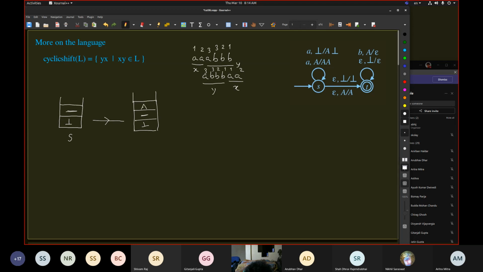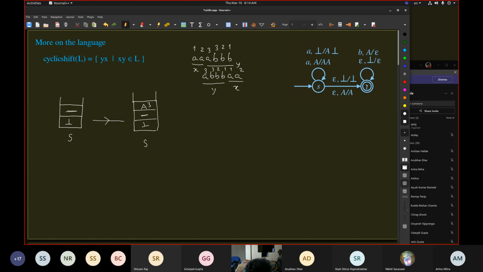And what is this A number? This is 3. There is no symbol called A3, only A is pushed. I am just printing this 3 for your understanding. It continues to stay in this state S.